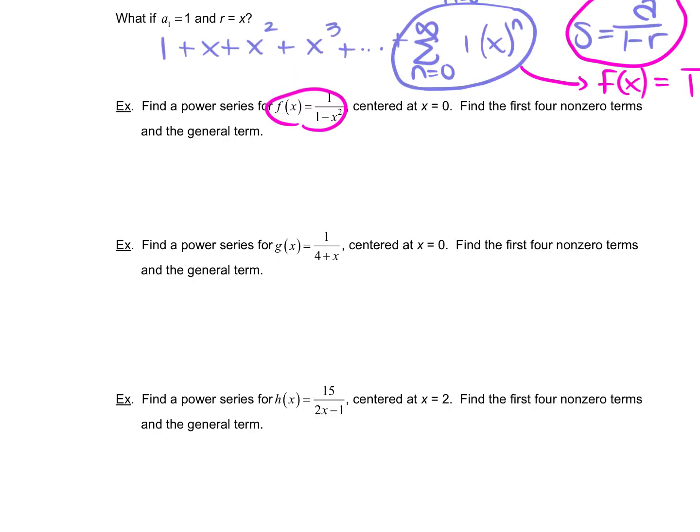I could totally take f of x here and build it out as a Taylor or Maclaurin series. But what would I have to do that? Take lots of derivatives. A lot of times with these kind of fraction ones, the derivatives are not super nice.